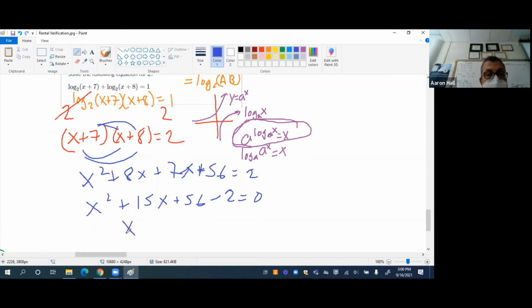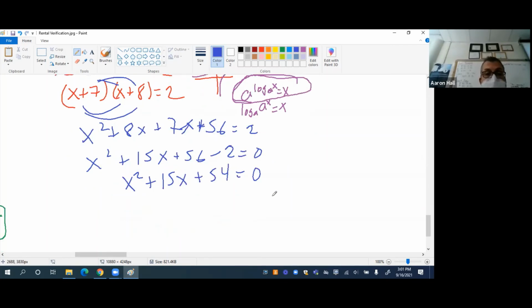Okay, that gives me x squared plus 15x plus 54 equals 0. All right. And then to get what? Isn't it a lot easier now to figure out what are these x's so I get a 0 equals 0?